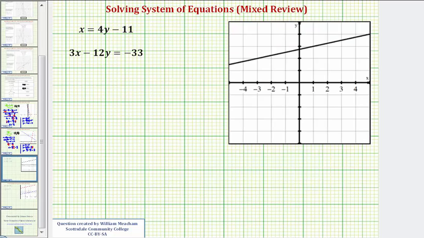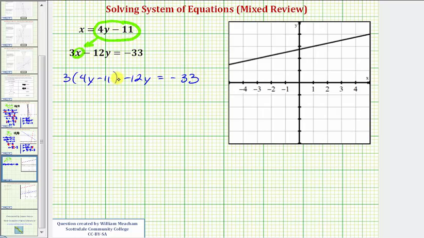Now here, because the first equation is solved for x, we'll substitute 4y minus 11 for x into our second equation here. This will give us the equation in one variable, which would be 3 times the quantity 4y minus 11, and then minus 12y equals negative 33.